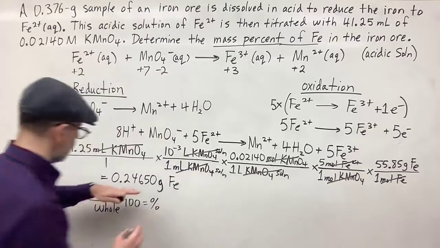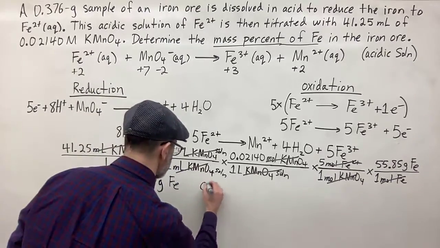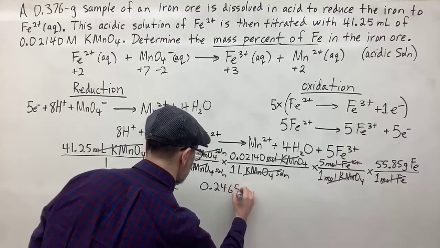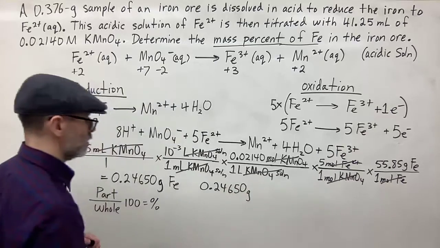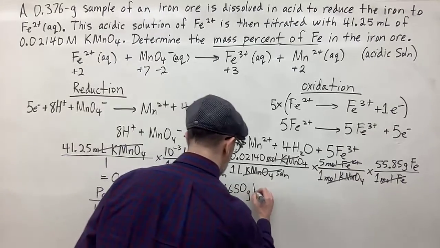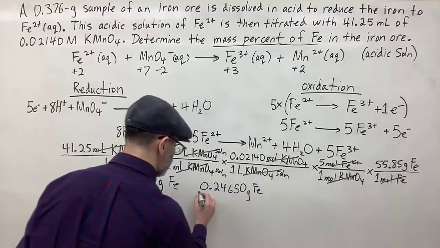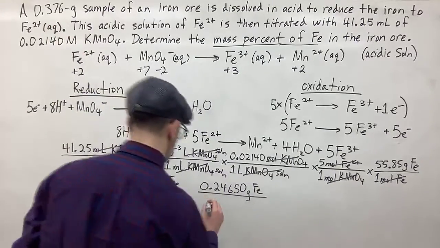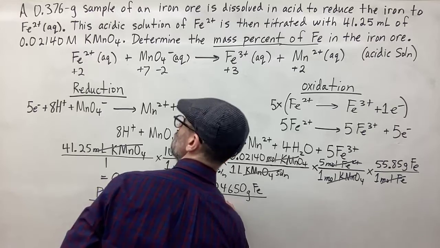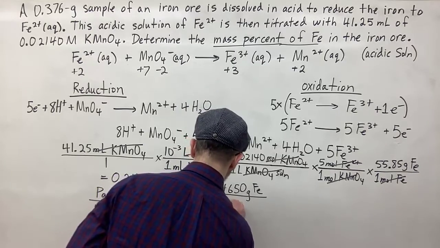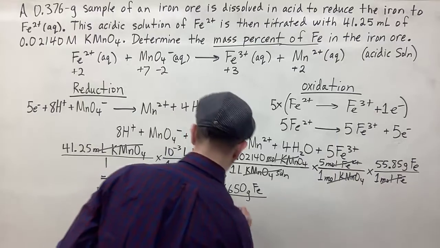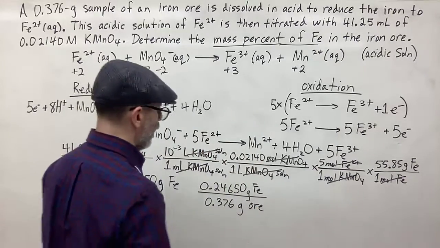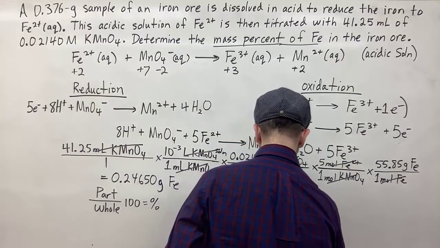So I'm going to take the 0.24650 grams of the iron that was in the ore, and divide that by the total mass of the ore, 0.376 grams of the ore. And then I'm going to multiply that by 100.